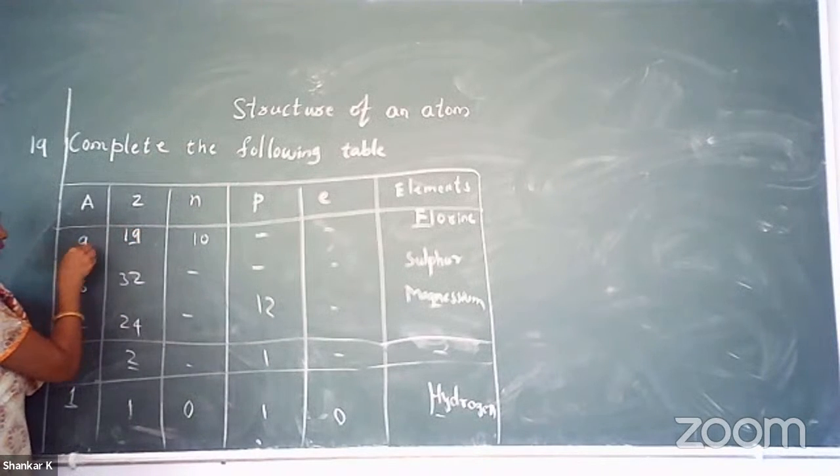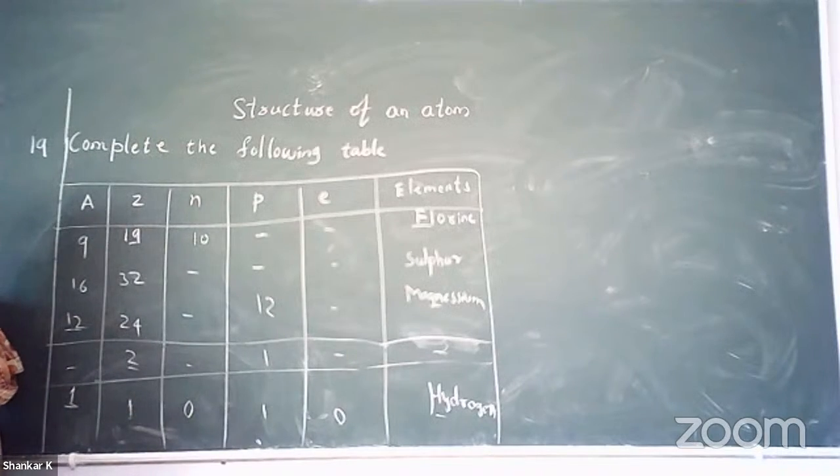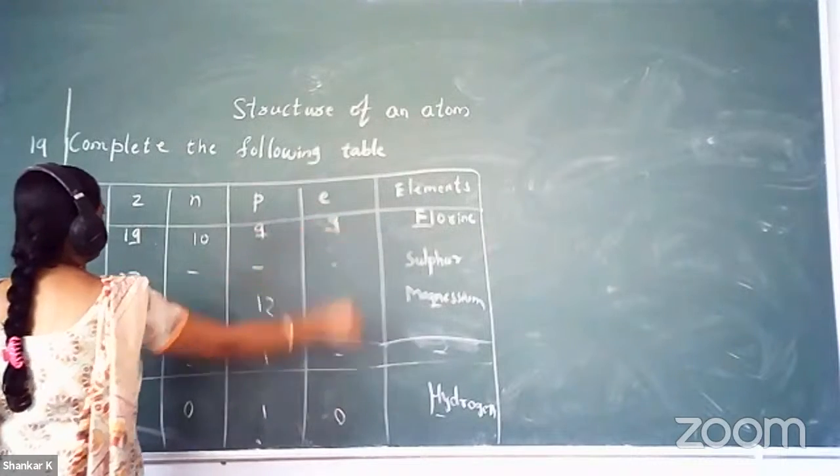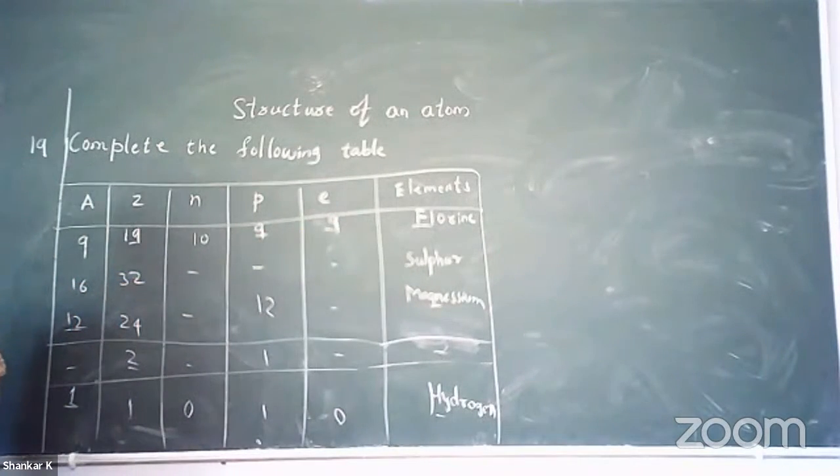Okay, 19 minus 9 is 10 neutrons, right? Then what is the atomic number? We have to write the same thing for protons and electrons, 9. Okay, electrons are right.